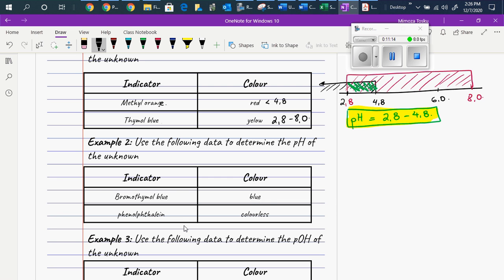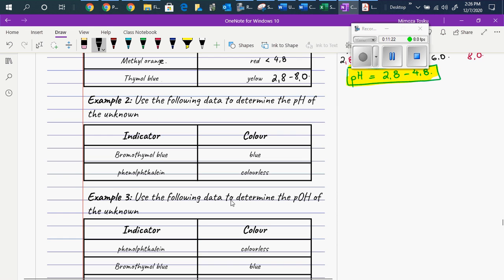So now what we have is bromothymol blue, and it is between 6.0 and 7.6, and the color is blue. That is an indication that the pH is greater than 7.6.